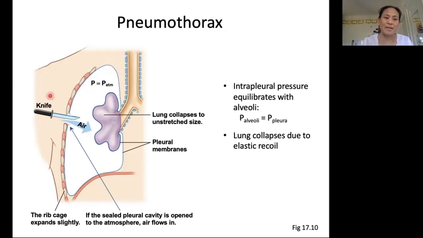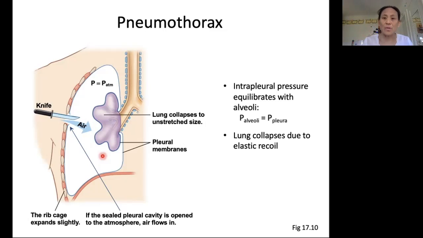So this can happen if you get stabbed with a knife, it can happen if you break your rib and your rib punctures the wall of your lung. It can happen if you get a weakening of your lung tissue such that it eventually ruptures. But in any of those cases, basically what happens is the pleural space, which is shown here in white, is now able to equilibrate with atmospheric pressure.